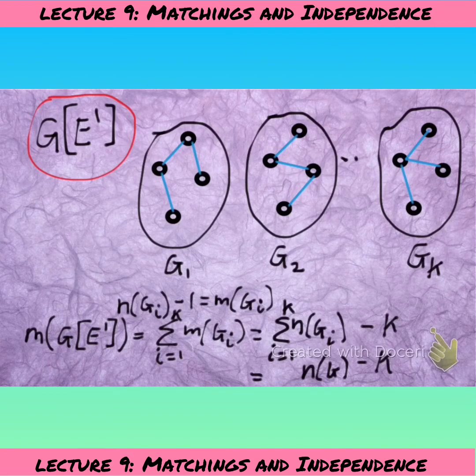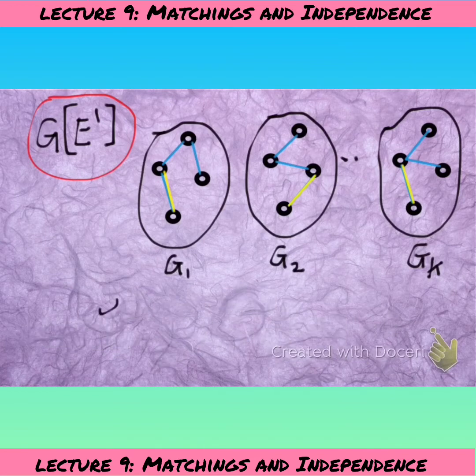Right, now we can form a matching. We can form a matching by just selecting one edge from each component. That is a matching. Okay, so how many such edges are there? There are exactly k such edges. Right, so this means that the matching number of G is definitely at least k, right?